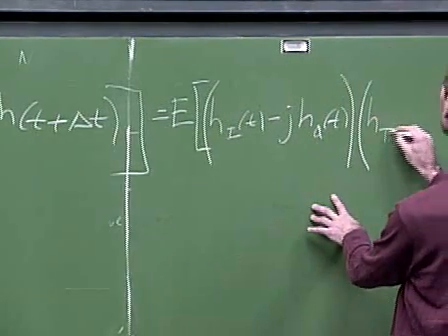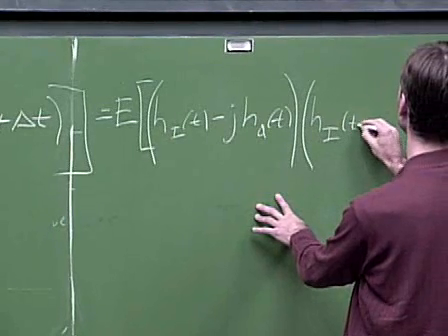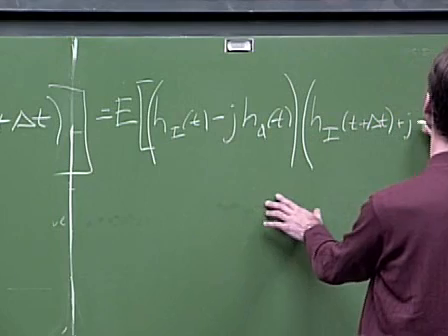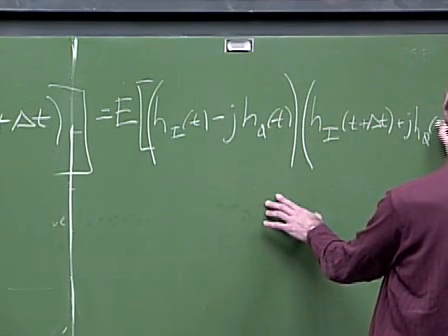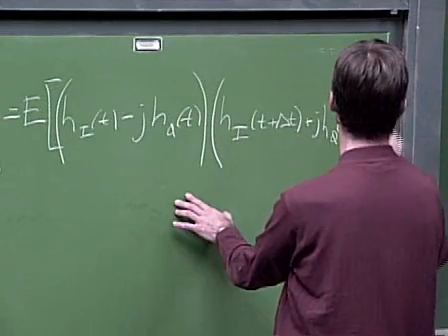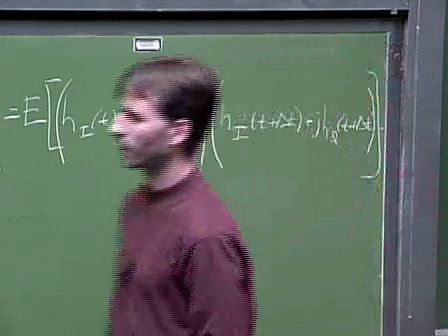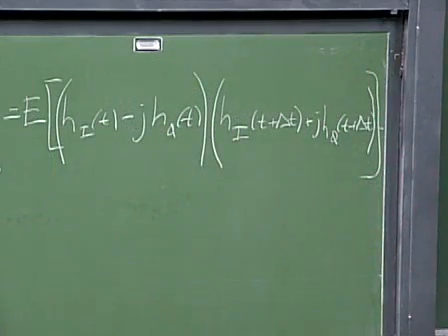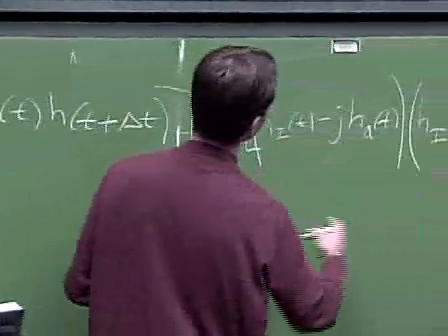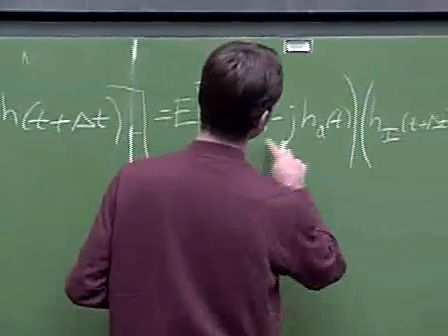So we have the in-phase plus j, okay, so I'm just using the definition of a complex variable. So we have two terms here. Now we can expand these products. So I'm going to multiply each of these with each of those.